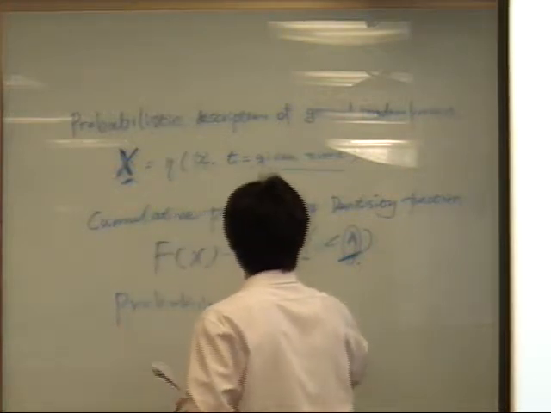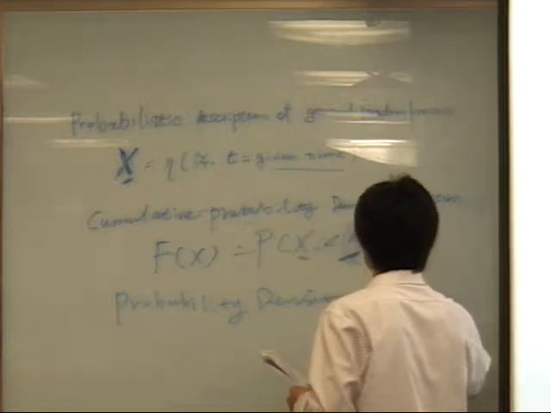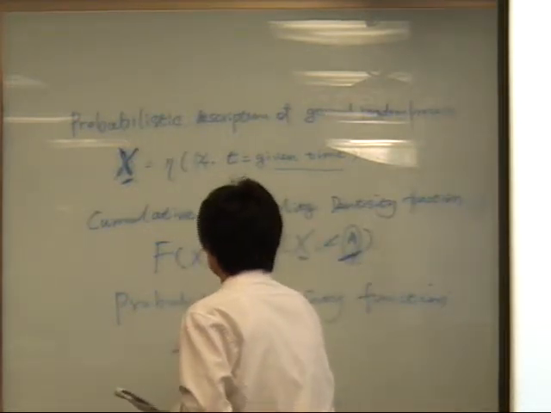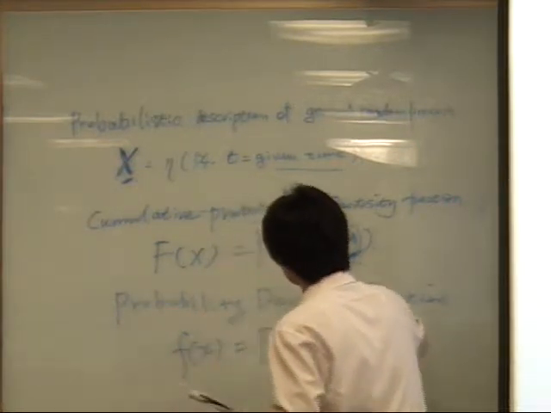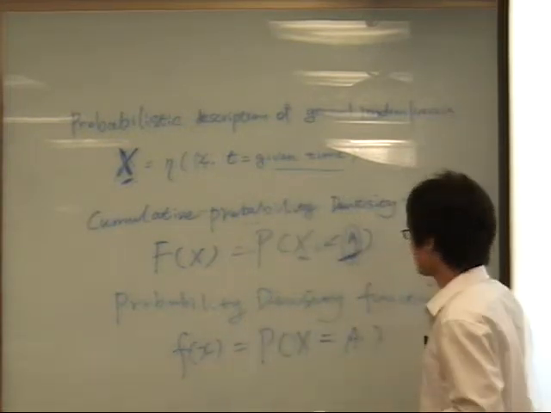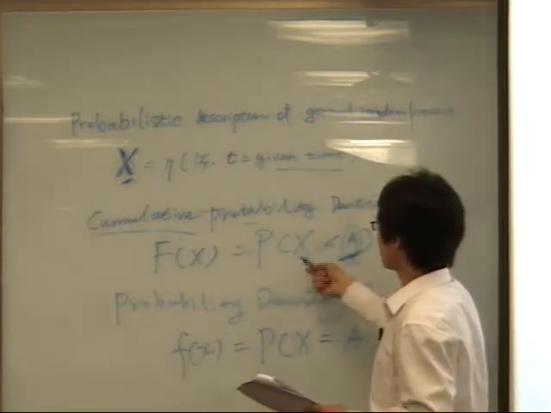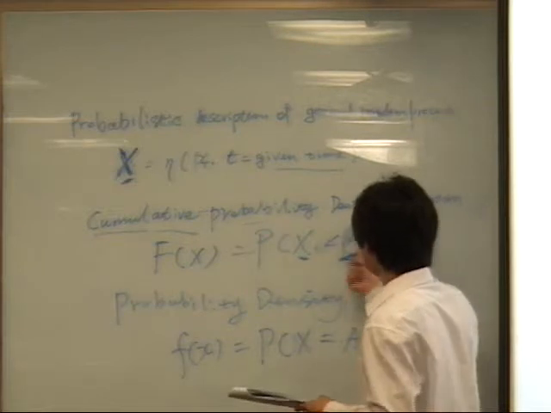And then another definition is the probability density function. That means I pick a point and that value equals the given value. You see the difference? This is cumulative. That's the probability for all values that are less than this one.